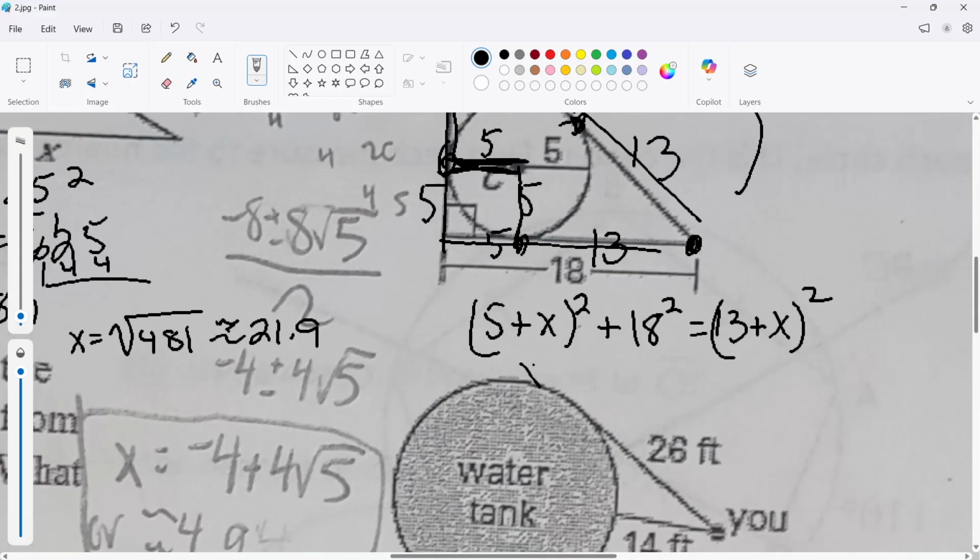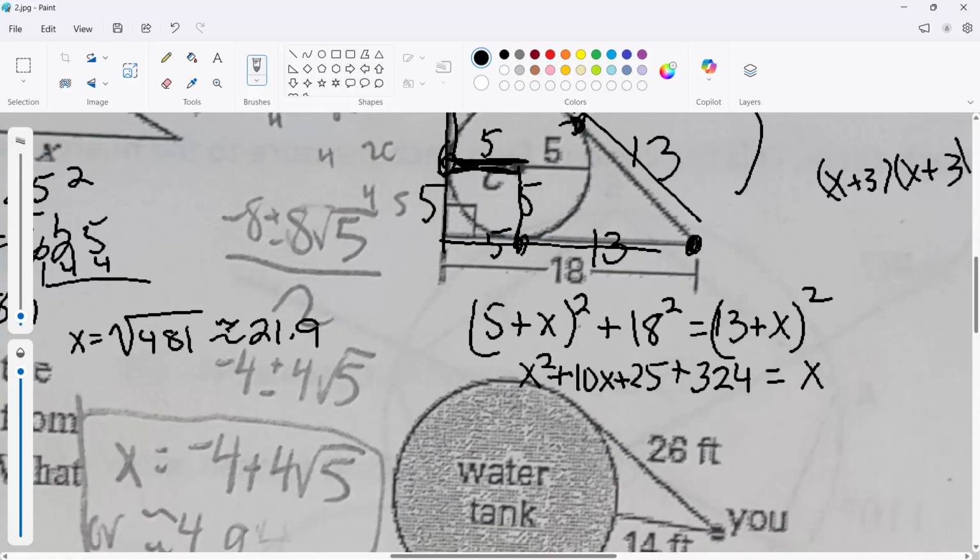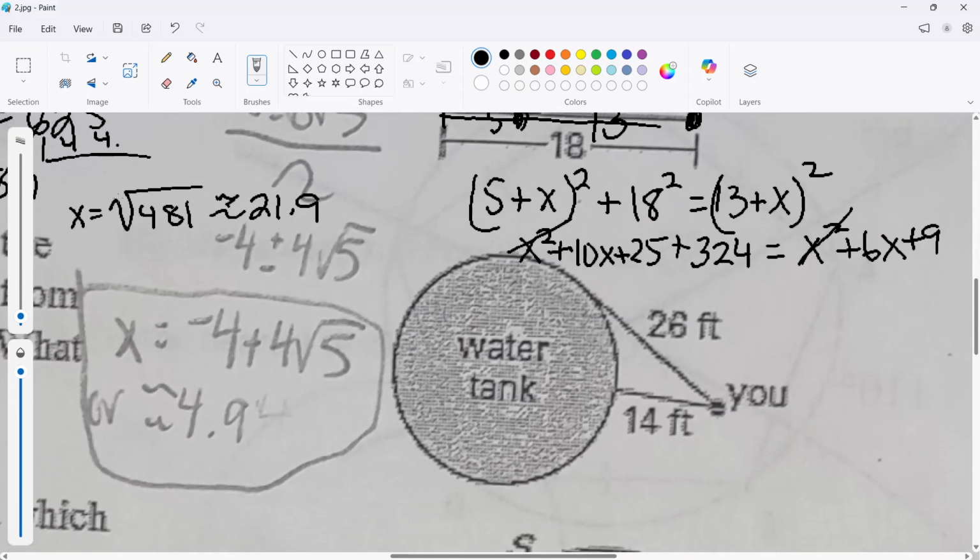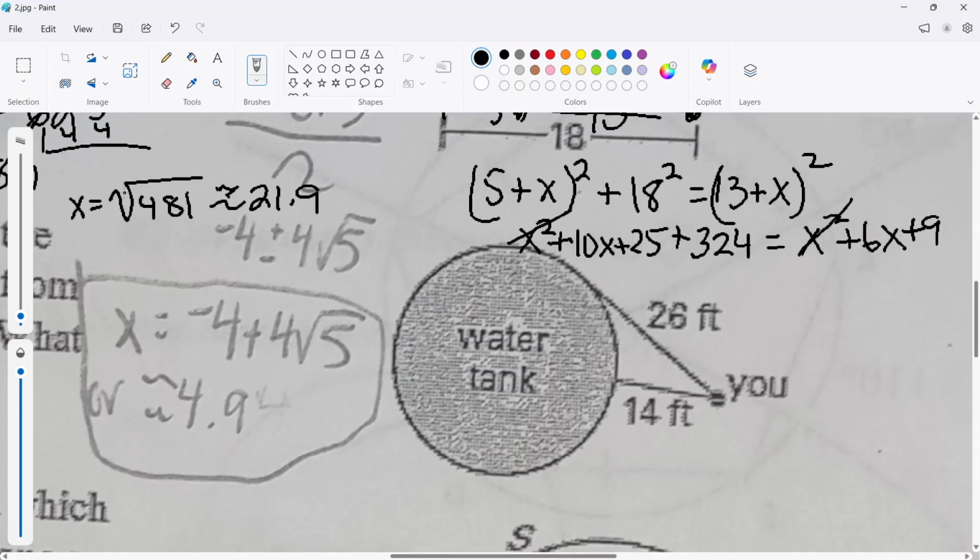So this is x squared plus 10x, I'm foiling it, plus 25, plus 324, equals, foiling this, x plus 13 times x plus 13. I know I wrote 13 plus x, but you can write it either way. X squared plus 26x plus 169. The x squareds cancel. 10x minus 26x, I'm subtracting 26x from both sides, is negative 16x.